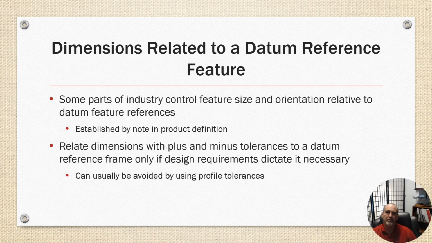This can usually be avoided by using profile tolerances. Putting this in practice is a whole other thing. Once you start using profile tolerances, sometimes it's difficult to measure on the shop floor. So I'm not sure I agree with this in practice.